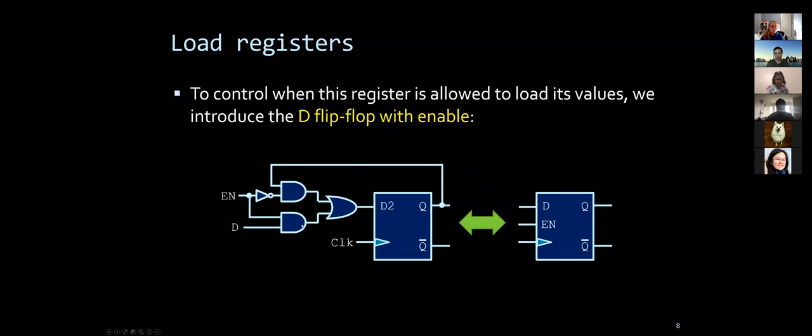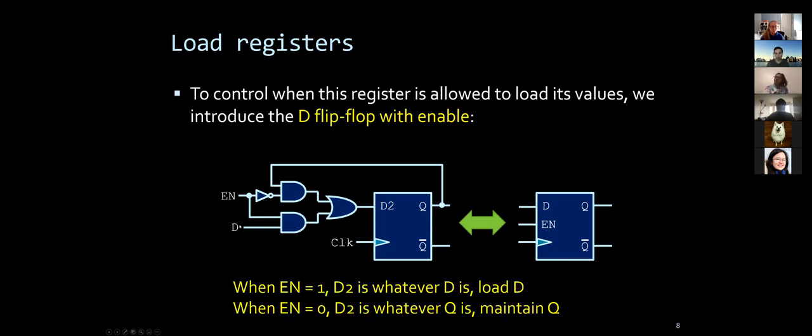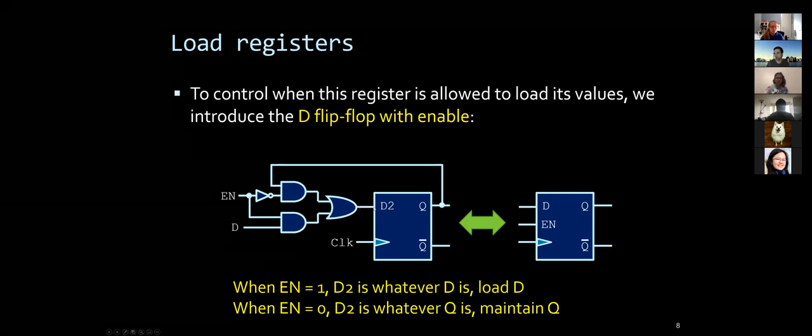So this true value goes through the OR gate, it becomes 1 and goes in. So what happens is when enable is on, it operates exactly as a regular flip-flop. No difference. It just takes the input D and puts it in. So when enable is on, it has the value D.